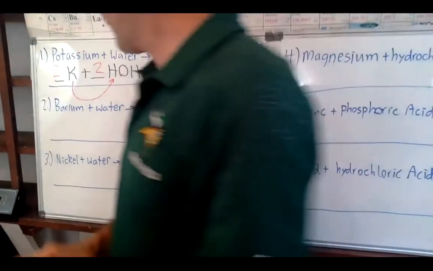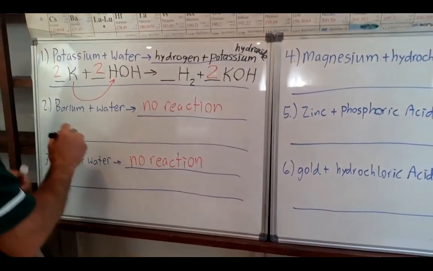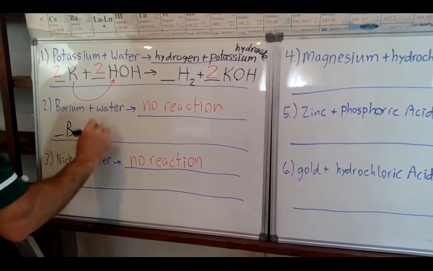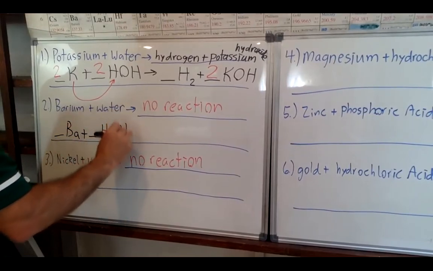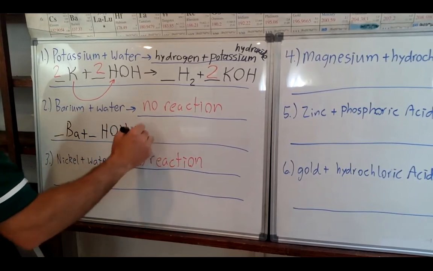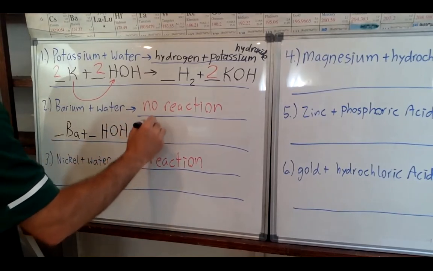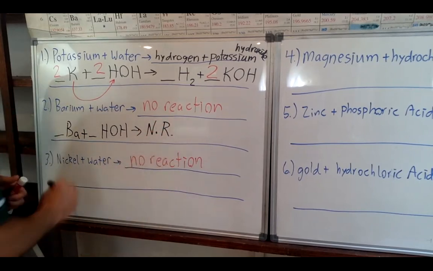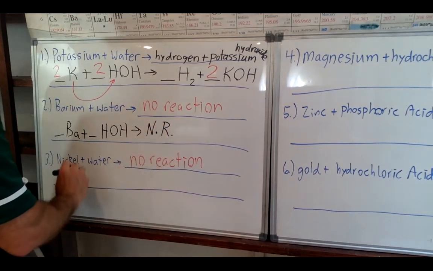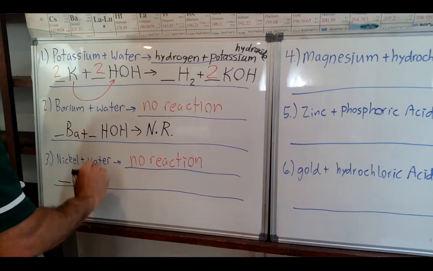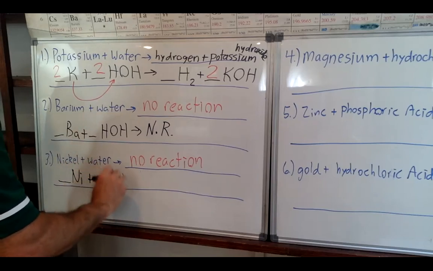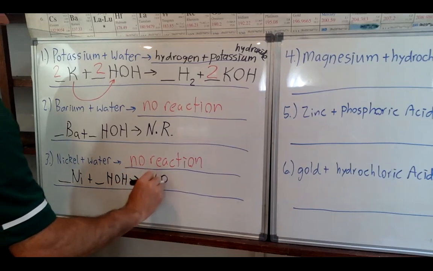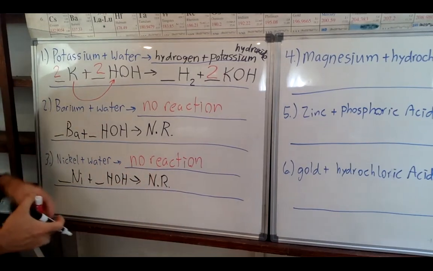All right, we still will write these out though, just for practice. So barium plus water. You can do HOH or H2O, again, the same thing. And the abbreviation for no reaction is NR. So those two are NRs.